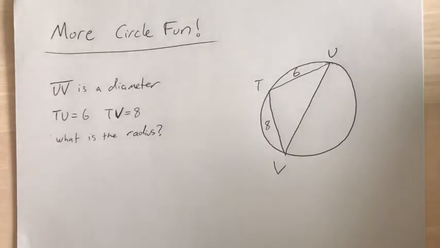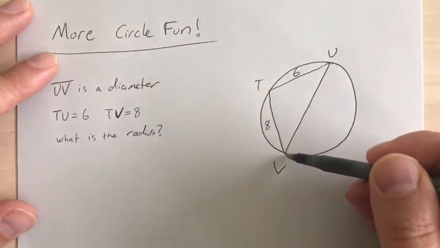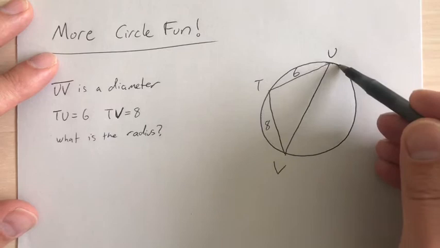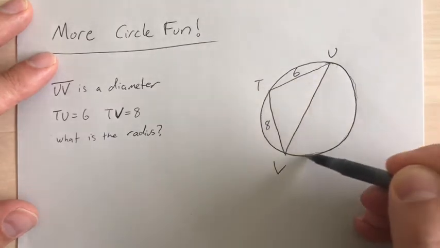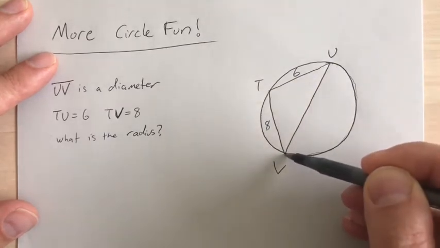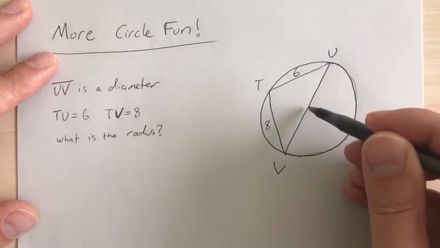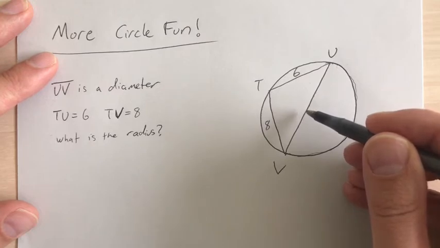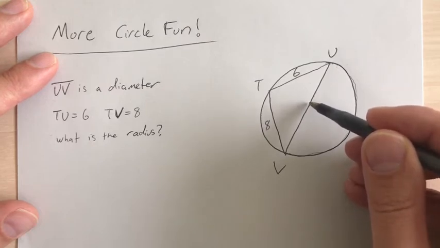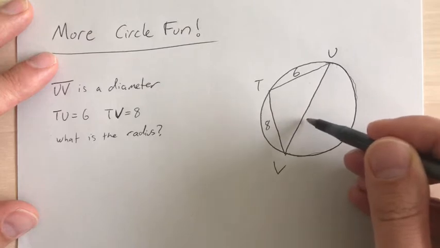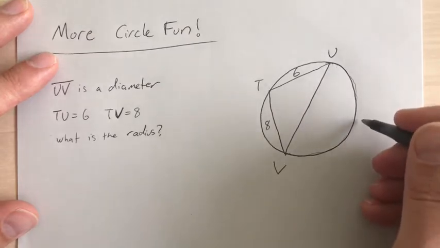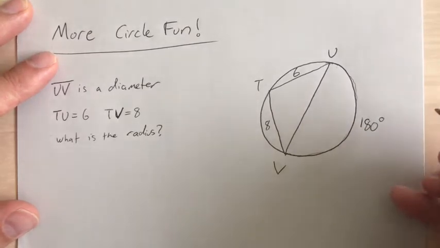Well, luckily, we can. UV, because it's a diameter, this arc UV, which is, again, that whole length here, the measure of it angle-wise, aka tied back to the central angle, like I had said previously, diameters would split the circle in half. Therefore, angle-wise, if a circle is 360, half of 360 would be 180. So this arc measurement would be 180 degrees.